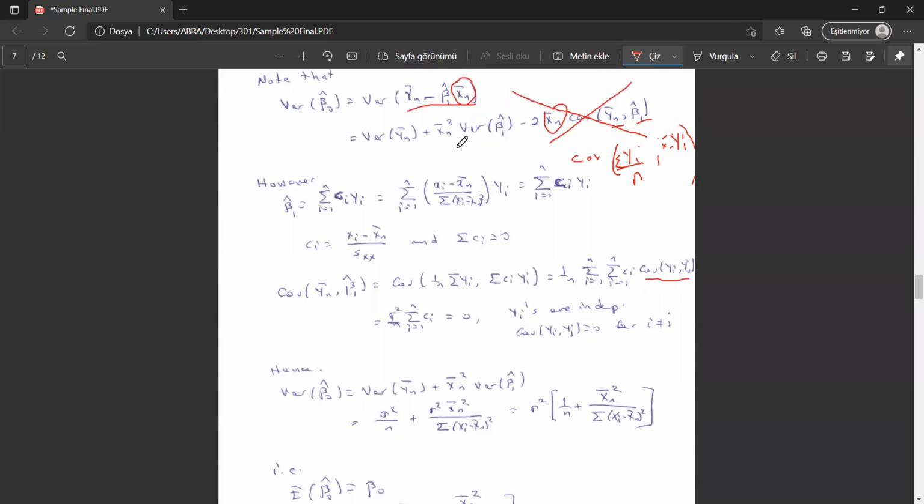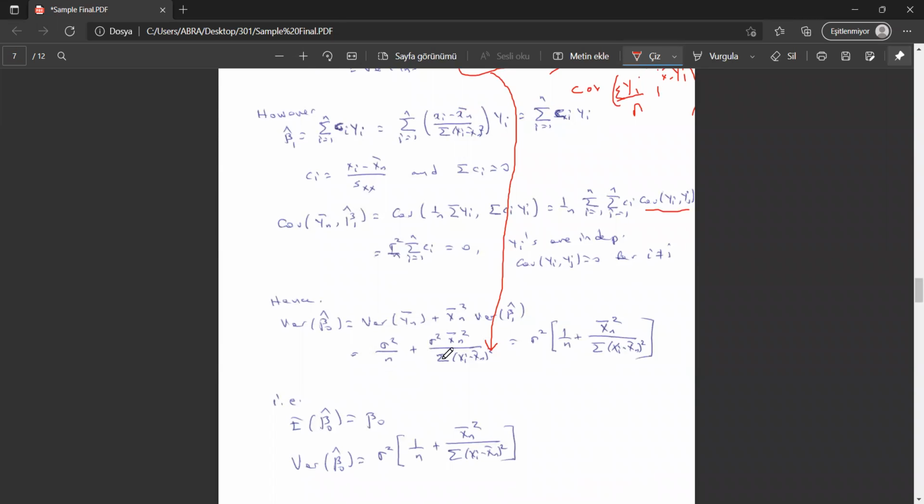So you can write it here, sigma square over summation of small xi's, okay? And x bar square just stays here. We can't do anything to it. And variance of y bar is sigma square over n. You know, variance of y is sigma square.